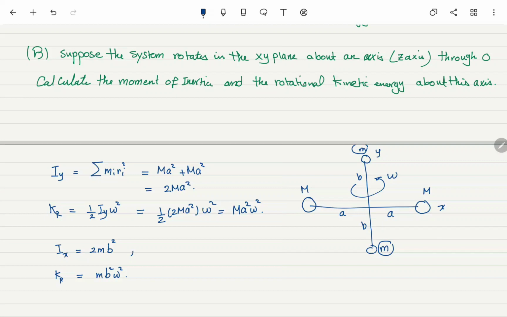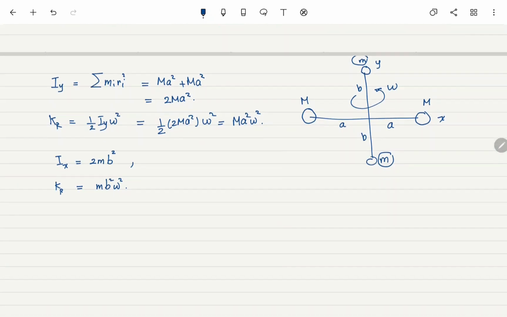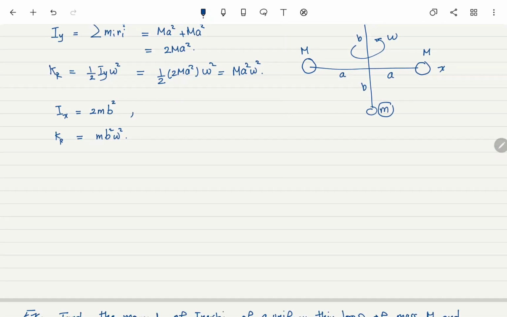Now to answer the second part of the question, when the system rotates in the xy plane about the z-axis, let's represent the situation. So this is the x and y coordinates, and the system rotates around the z-axis, as you can see here.